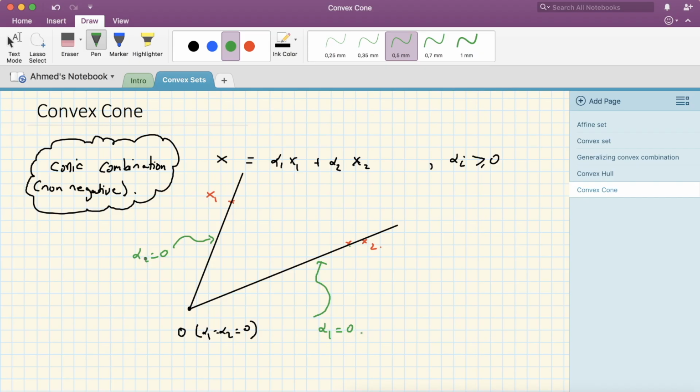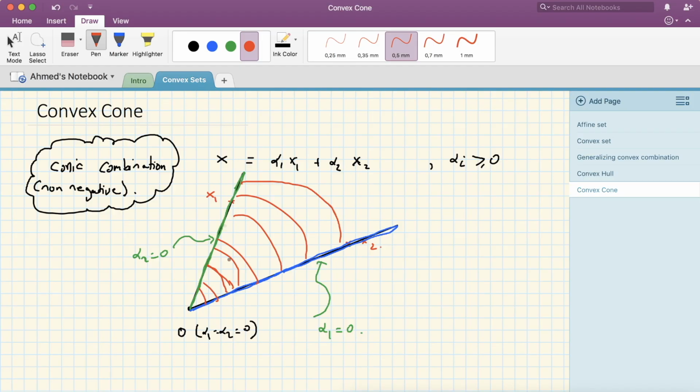Now, when alpha 2 is 0, we are on the green line, for all alpha 1 positive, because if alpha 1 is negative, you would end up below the origin, right? So you're on this green line. Similarly, when alpha 1 is 0 but alpha 2 is positive, you're on the blue line. And anywhere in between, you will end up in the red region.